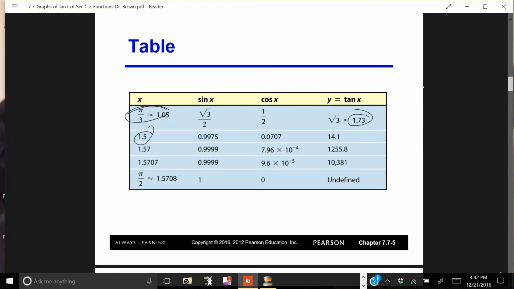By the way, pi over 2 is approximately 1.5708. So at 1.5, the value of tangent is 14.1. At 1.57, it is 1255, getting very large. At 1.5707, the tangent is 10,000, and it goes to infinity. So it's undefined at x equal pi over 2.